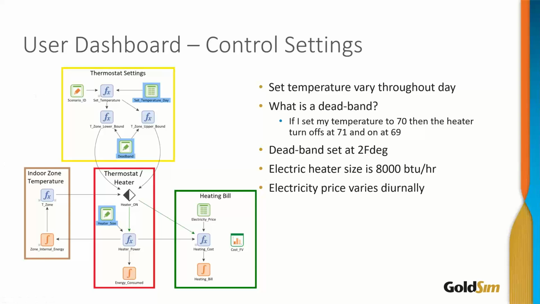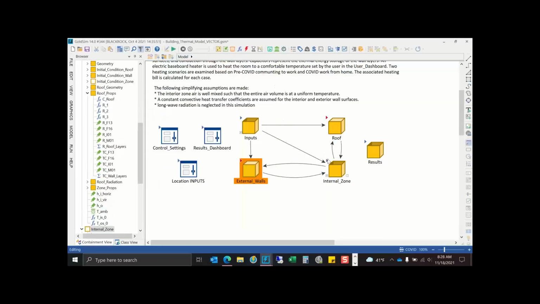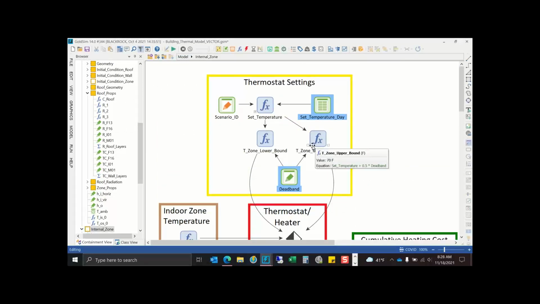And so now let me switch to the GoldSim model and show you how we model this thermostat.